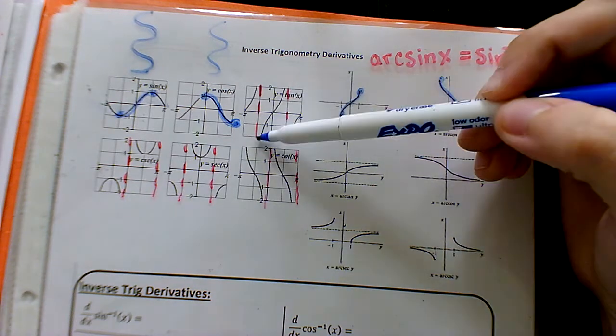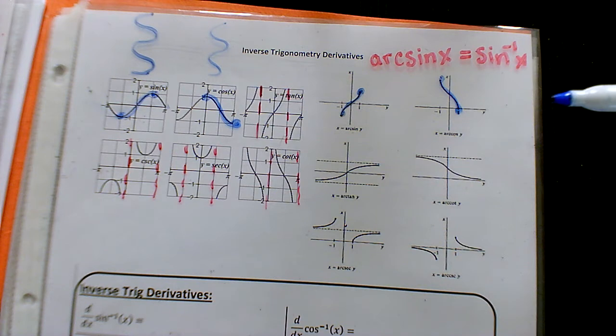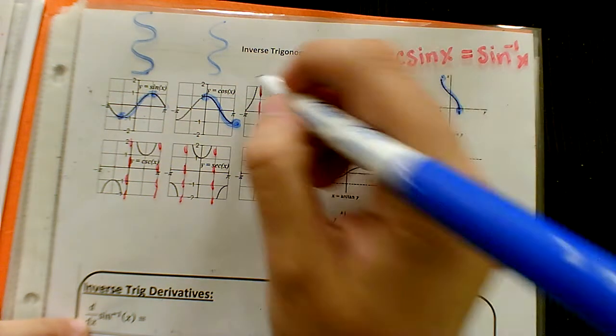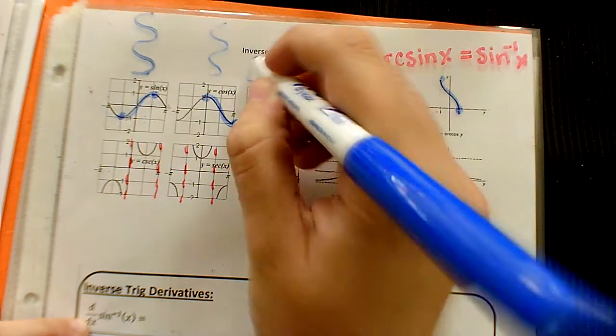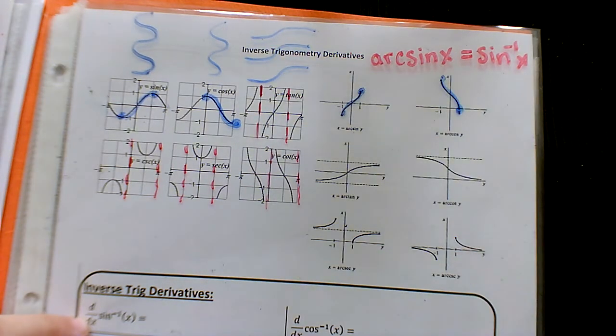What about the tangent graph? If we have the S shape that goes up and down, the inverse would be left and right. Now if it's an S shape that repeats itself, it would look something like this. But again, notice how that's not a function.